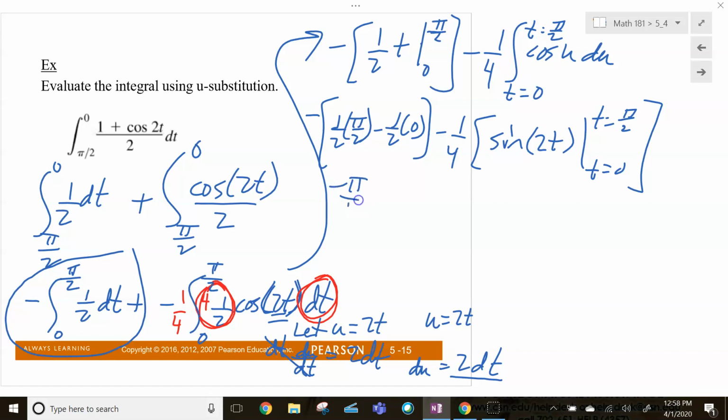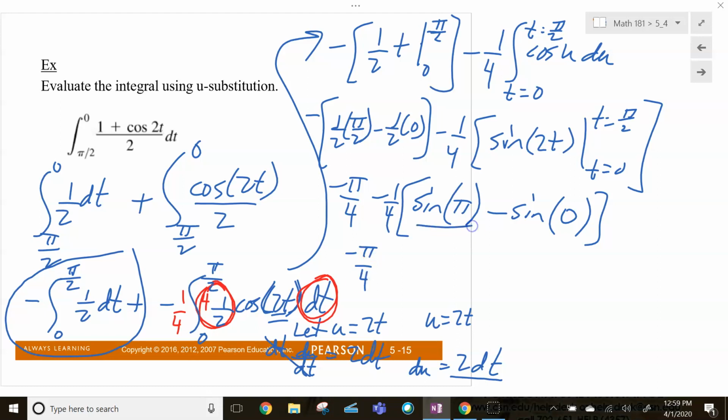So we got negative pi fourths minus a 4th, and now I'm plugging in pi halves in there. So sine 2 times pi halves, so sine of pi, minus sine of 2 times the 0, so sine of 0, which is 0.